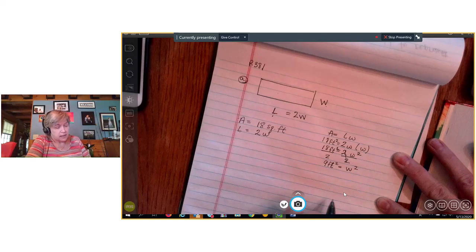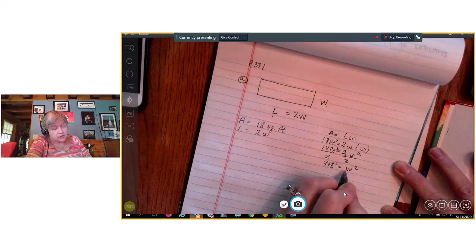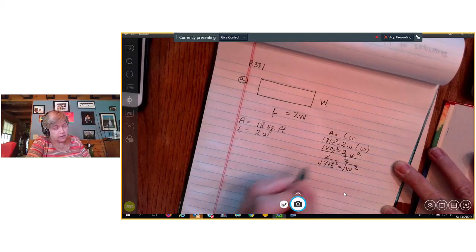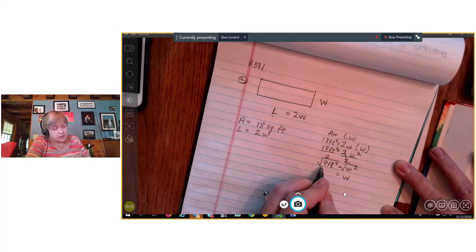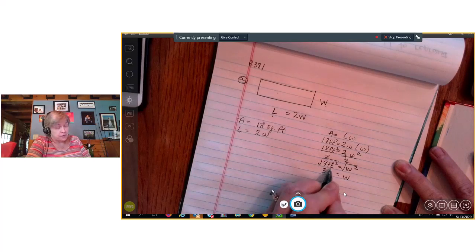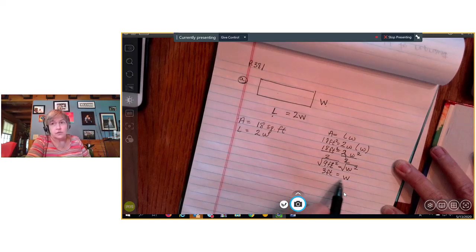And this has worked out really nice, because now I know that I can take the square root of W squared. The square root of W squared is going to be W. The square root of 9 is going to be 3. And the square root of feet squared is going to be feet. So W equals 3 feet.